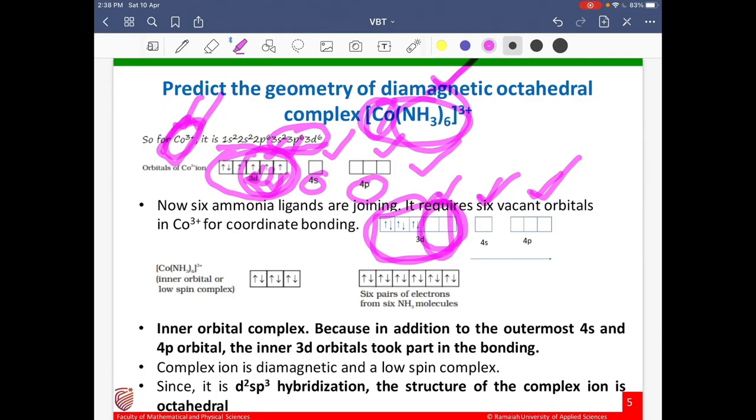So we call this complex an inner orbital complex because 2 d orbitals from the inner shell took part in this hybridization. The complex ion is diamagnetic and a low spin complex. Since it is d2sp3 hybridization, the structure of the complex ion is octahedral.